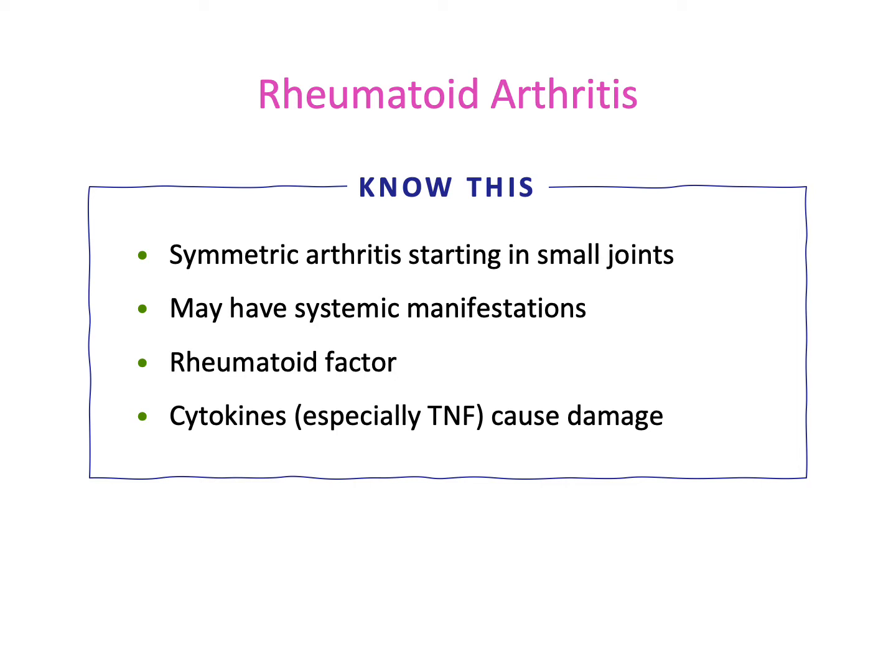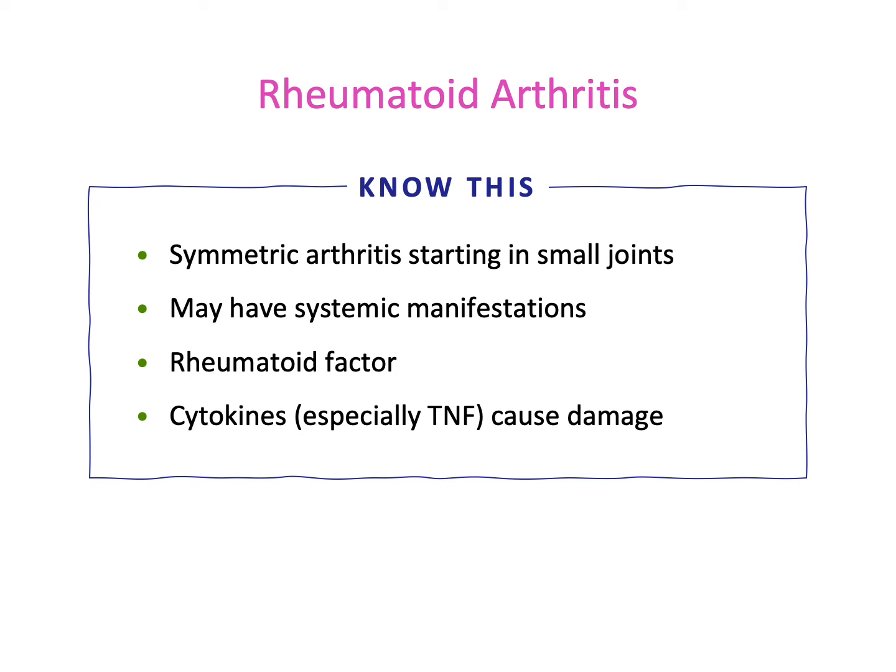This thing called rheumatoid factor is present in about 80% of patients with rheumatoid arthritis. It's an IgM antibody that the patient makes that's directed against IgG antibodies, which sounds terrible, but it really doesn't contribute too much to the underlying tissue damage and symptoms and signs in this disease.